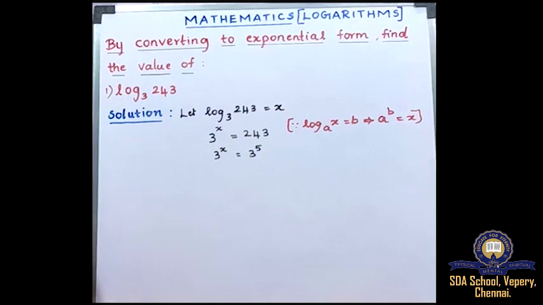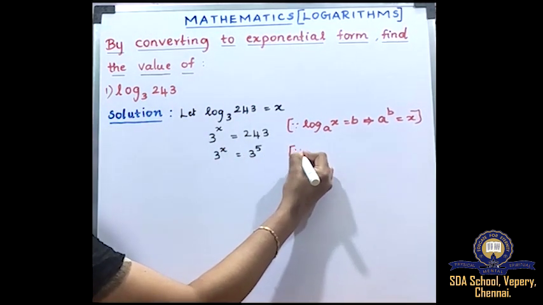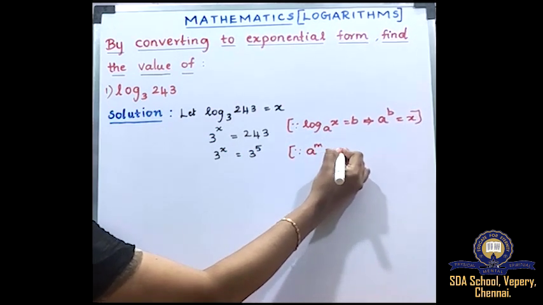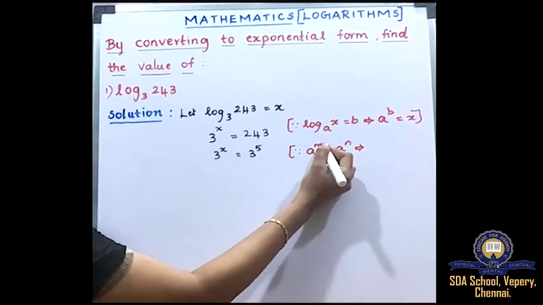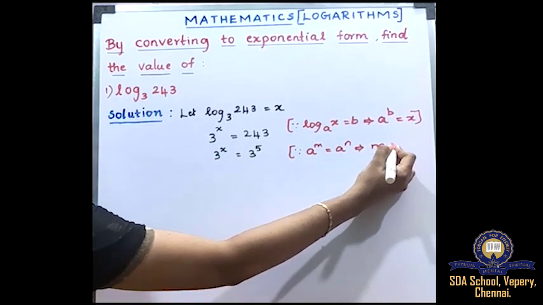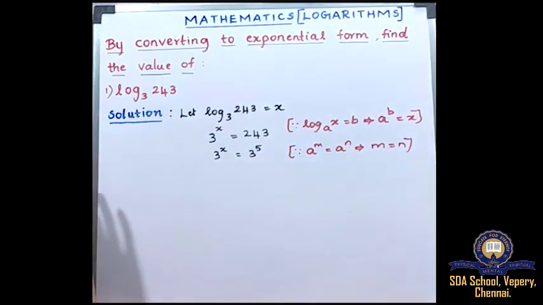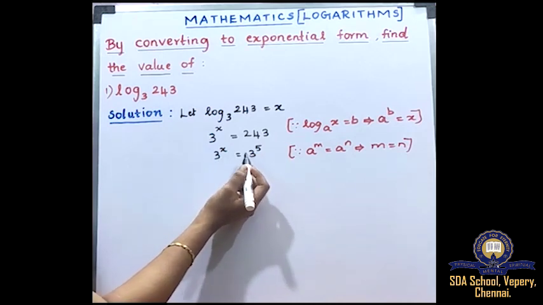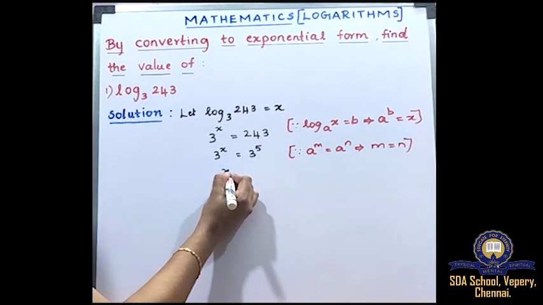Now in exponents, we have studied one law, that if a power m equals a power n, then you can equate the exponents, m equals n. So according to this law, you have the same base here, 3 equals 3. So we are going to equate the exponents, that is x equals 5.